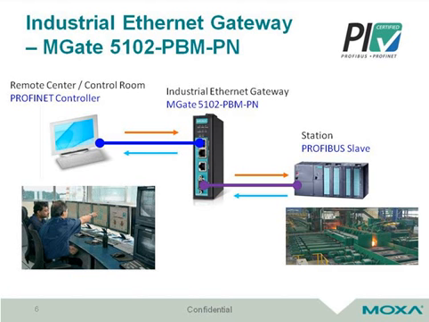To help the user configure MGate 5102, we have an AutoScan function for configuring the PROFIBUS side of MGate 5102 as a PROFIBUS master. We will find out how the AutoScan function eases the configuration of the devices.